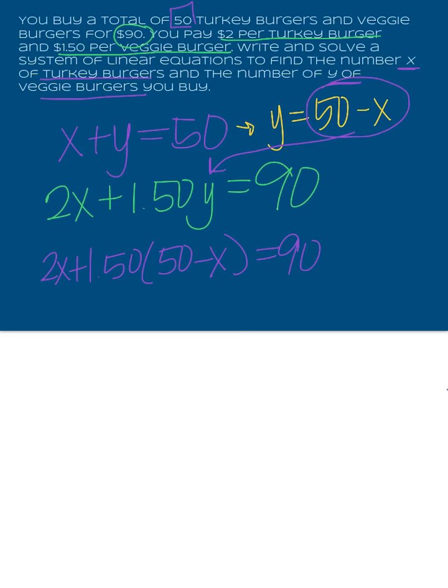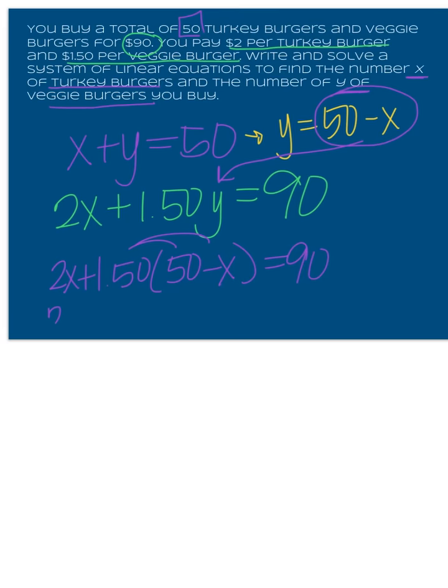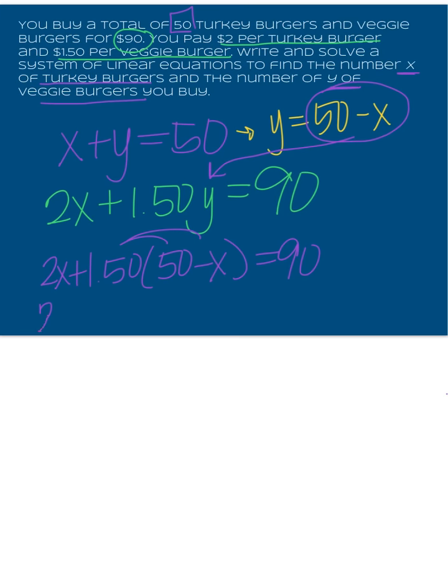I'm going to start solving, so I distribute, and you get 2x plus 75 minus 1.50x equals 90. I'm going to combine my like terms.